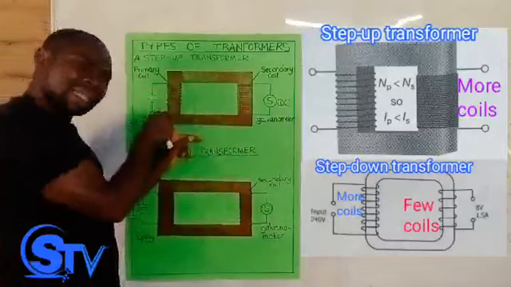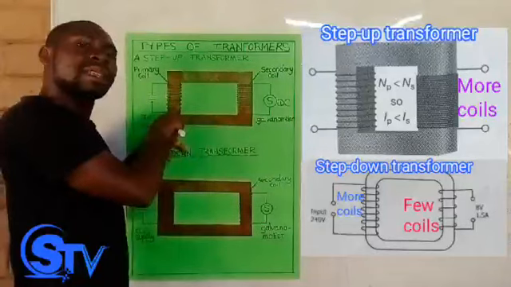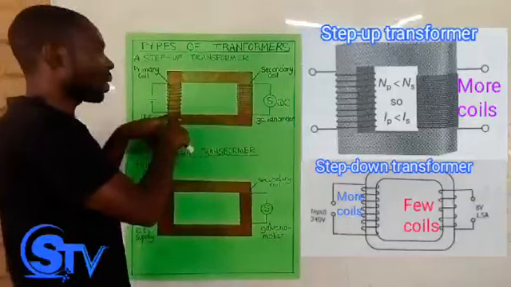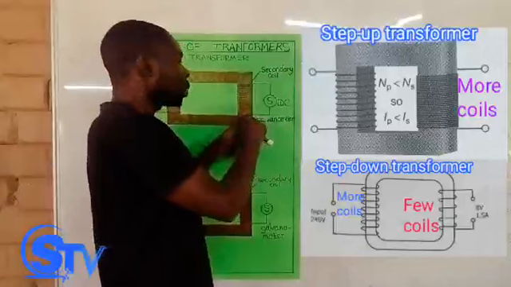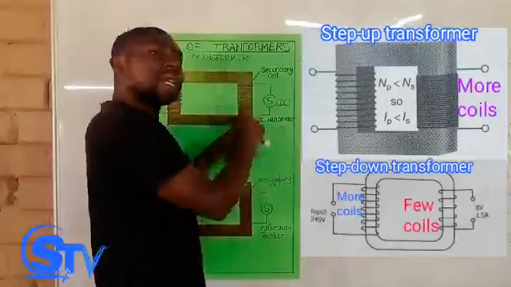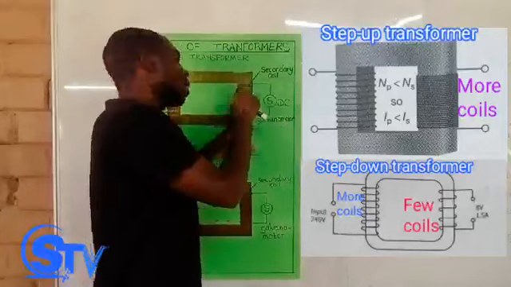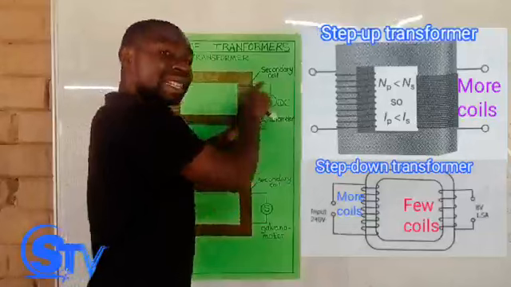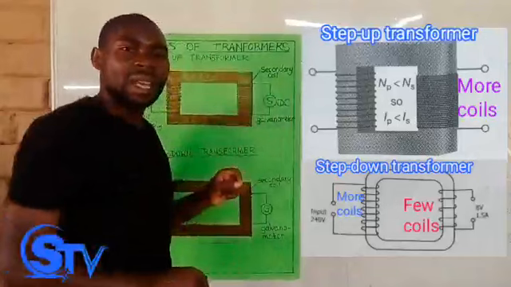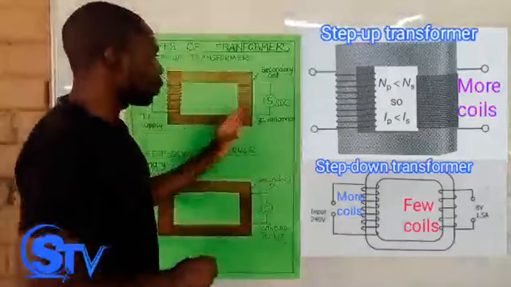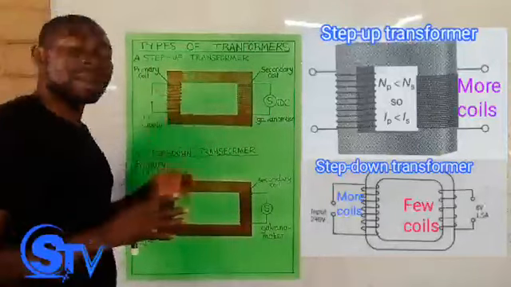This means that the few coils increase the voltage and reduce the current, while the secondary coil, which is connected to the galvanometer, has more coils, and because it has more coils, it is responsible for increasing the current and reducing the voltage. In this way, we find that the step-up transformer is very useful.